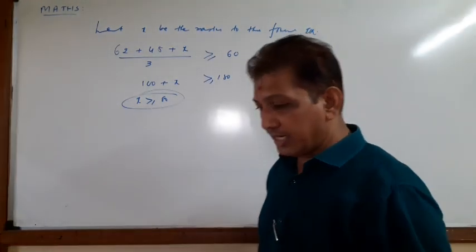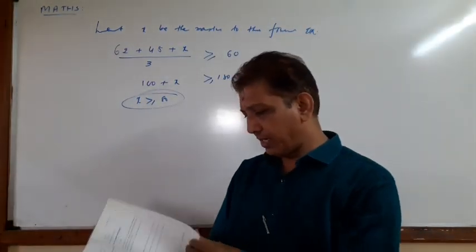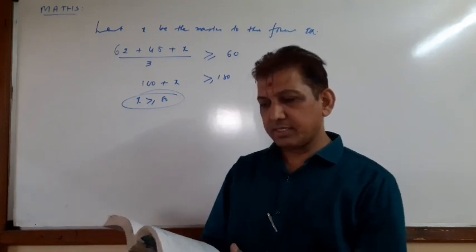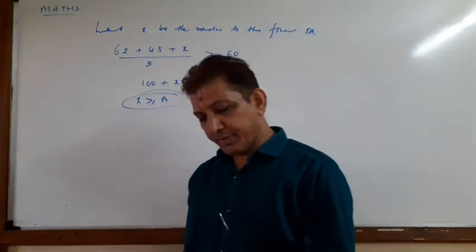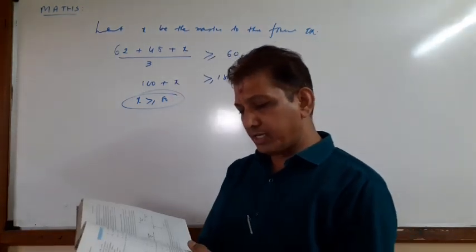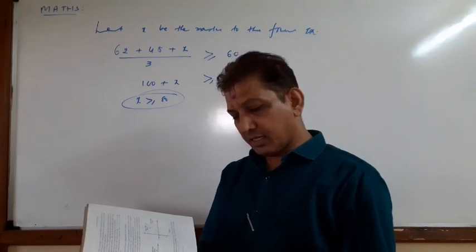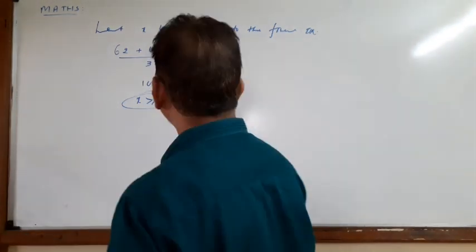Okay. Again we explain this type of exercise. A similar sum is given also, I think. Question 21, exercise 6.1. Same question. Ravi obtained 70 and 75 marks in the first two unit tests. Find the minimum marks he should get in the third test to have an average of at least 60 marks. Same. 70 and 75 right here.